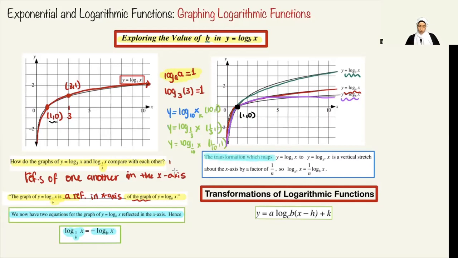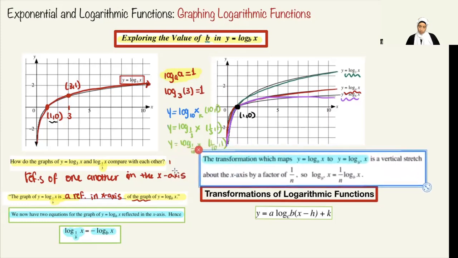The transformation which maps y is equal to log base b of x to y is equal to log base, now you can't really see this, so I'm going to make it a little bit bigger. Let's include the highlight with it, so resize. All right, let's make this a little bit bigger so you can see it.